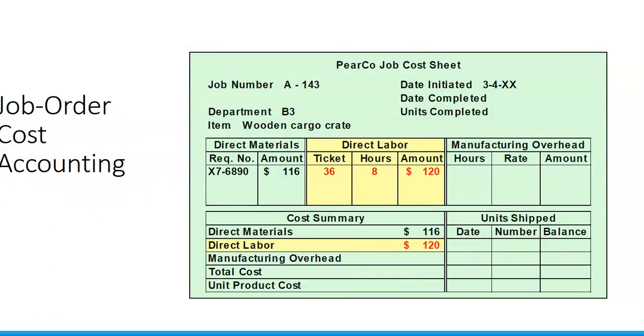That then gets recorded on the job cost sheet. So now we have direct materials costs of $116 and direct labor costs of $120. The only cost we're currently missing is manufacturing overhead.